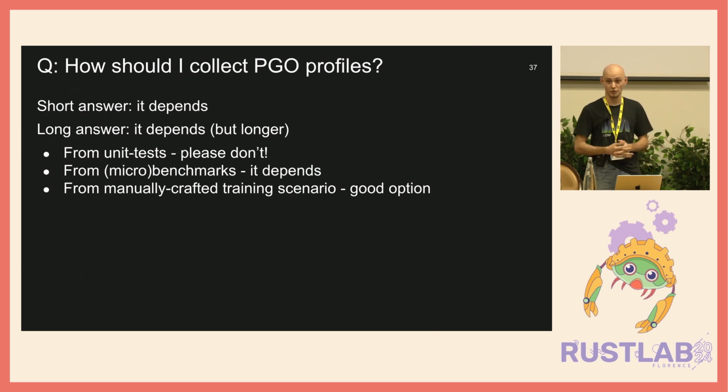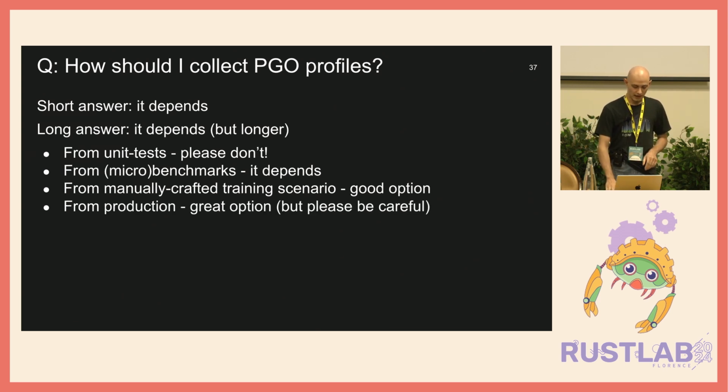And that's it. This option, by the way, is implemented in the LLVM CMake scripts for Clang. And from production, that's a great option, like Google does it. But please be careful, because instrumentation PGO can be used in production, but in a very, very careful way. Sampling PGO can be easily used in production.